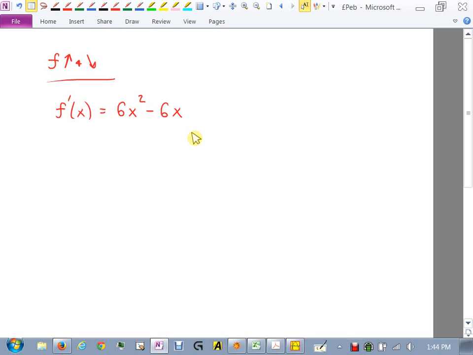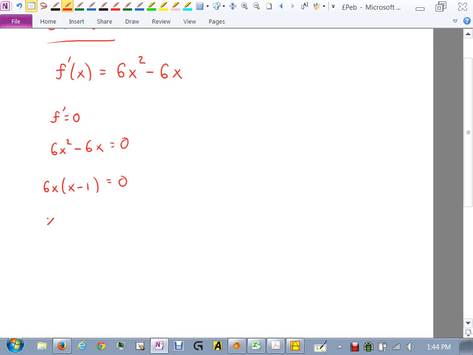I need to find out where that's 0 and where it's undefined. Where is it 0? Just pull out a 6x, be left with x minus 1. So where? 0 and 1. Is there any place where the derivative is undefined?